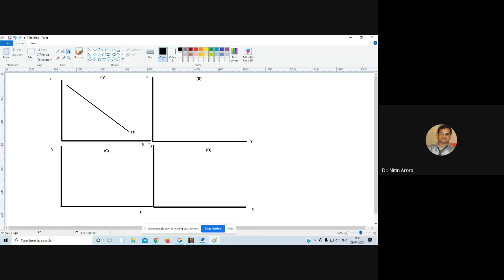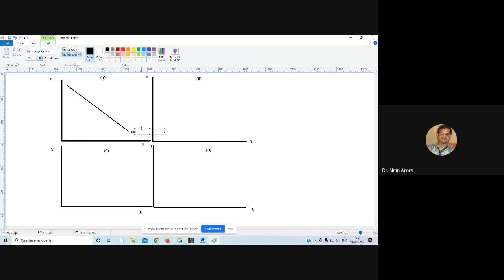Since there will be a deficit, we have to increase the interest rate so as to attract more foreign capital, because of which some surplus can be generated in the capital account. So this foreign flow curve has been drawn as a combination of exchange rate and interest rate for a given level of income, say Y bar, or Y naught.